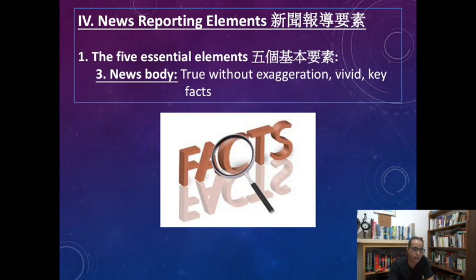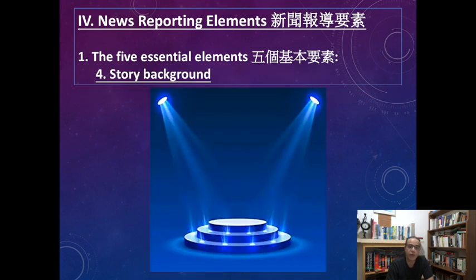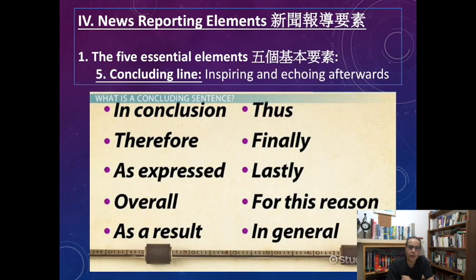In the news report, you only stick to facts, use objective language, and you can give more information about the subject you are writing about, the story background. Then in the conclusion you can have a concluding line. This is optional, but if you write a concluding line, it has to be inspiring and echoing afterwards.